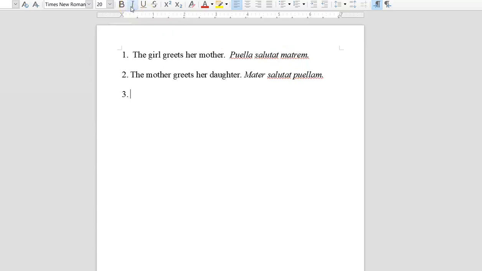And this time I'm going to say, the girl has a book from her mother. So again, we could change this to receive, but I'm trying to keep it in the present tense just for illustration purposes. So how do we do this in Latin?